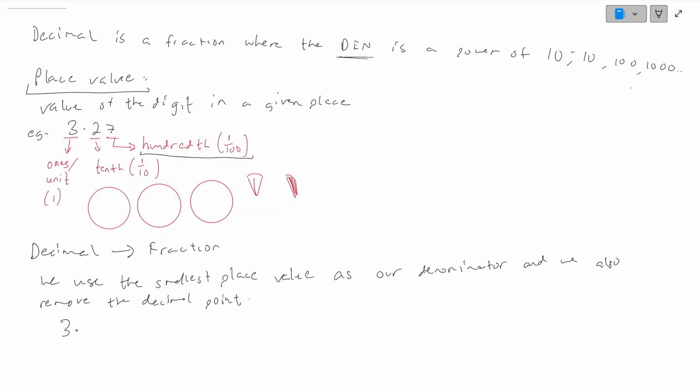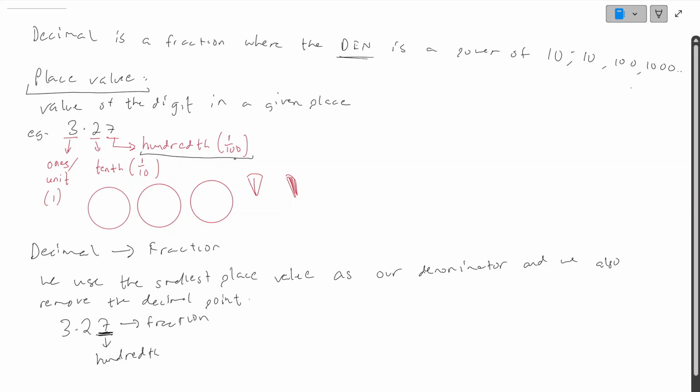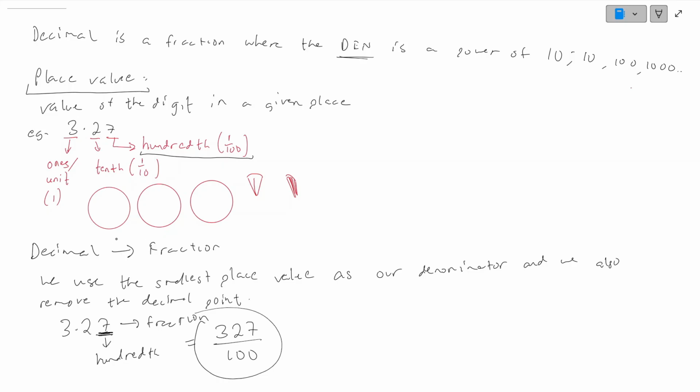So if you're told to convert 3.27 into a fraction, the way you do that is look at the smallest place value, which is the hundredths, and that gives 100 as your denominator. After removing the decimal point, it becomes 327 over 100. And that is a conversion of that decimal number into a fraction, using place values to do that conversion.